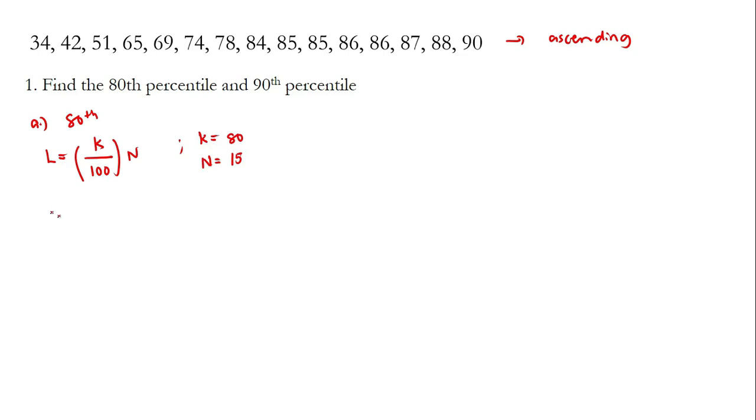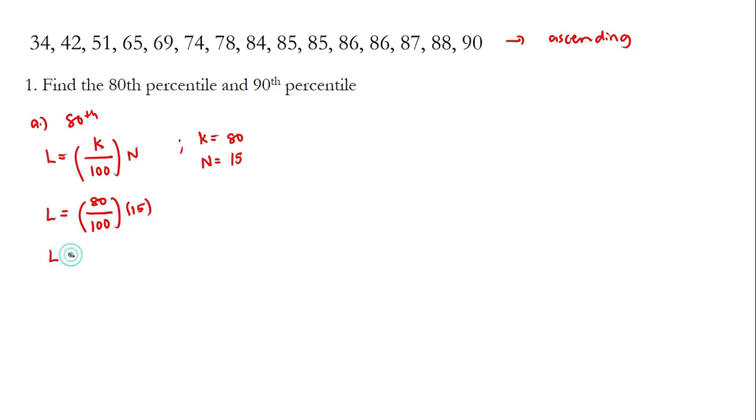Then, using the formula, L equals 80 divided by 100 times the total number of observations, which is 15. Using your calculator, you can compute directly.